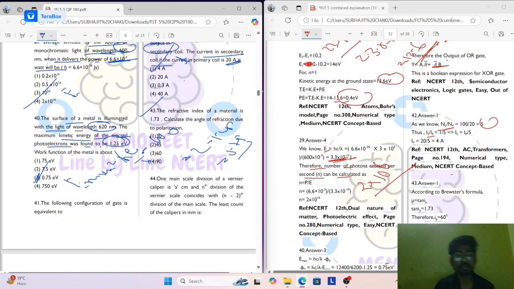The refractive index of the material is 1.73. Calculate the angle of refraction due to polarization. Mu equals tan Ip.